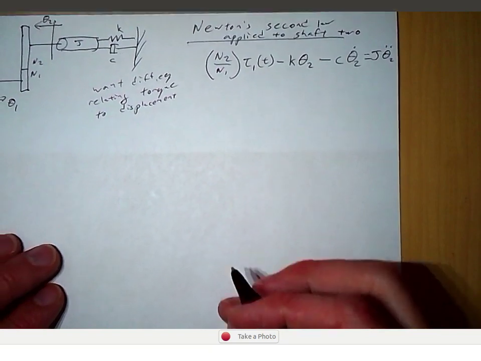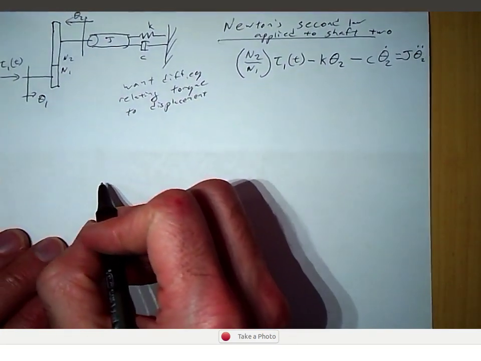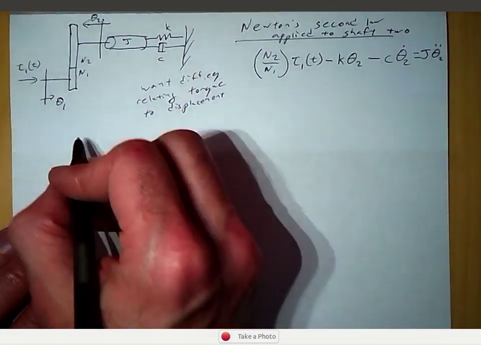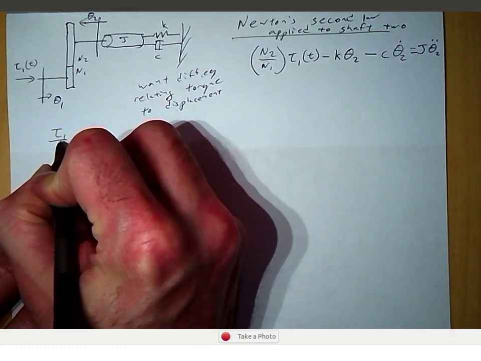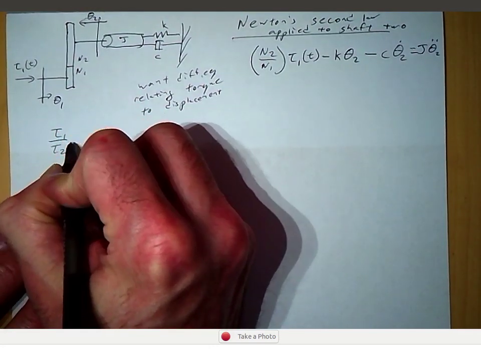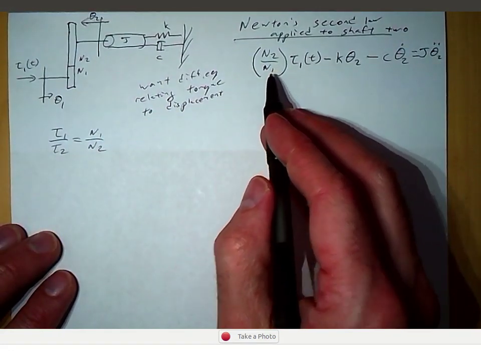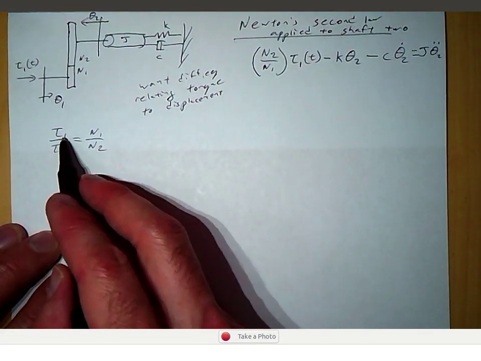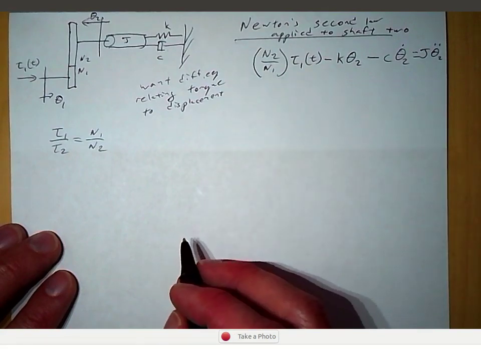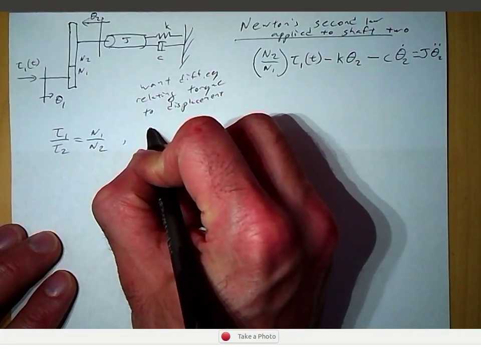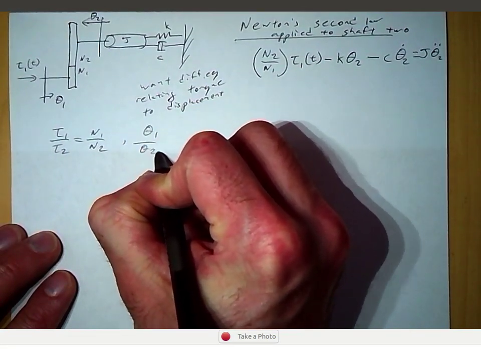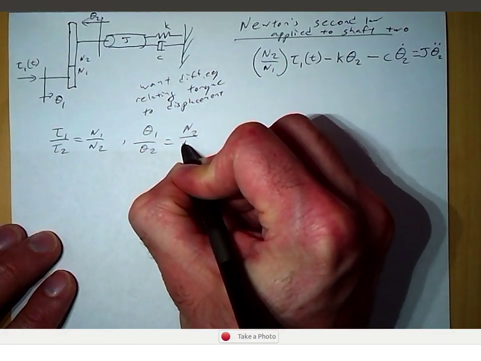Now we can use the relationships that we learned from the gear ratio, where we have that tau 1 over tau 2 is N1 over N2. Well, we already used that one. So tau 2 is equal to tau 1 times N2 over N1. And also theta 1 over theta 2 is equal to N2 over N1.